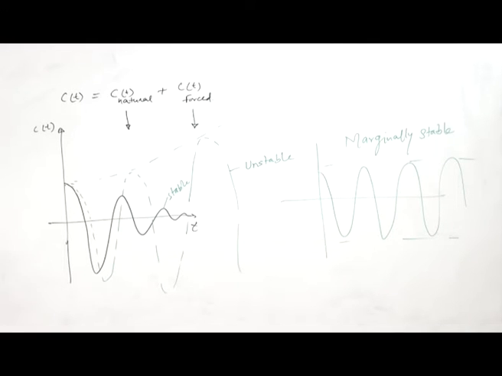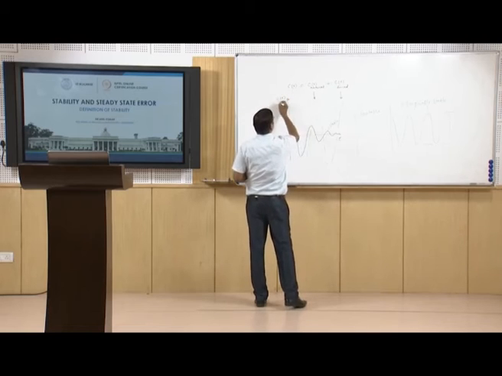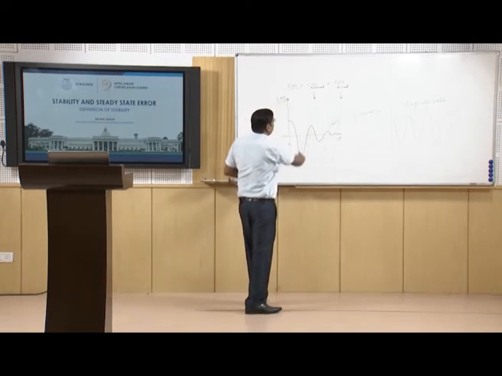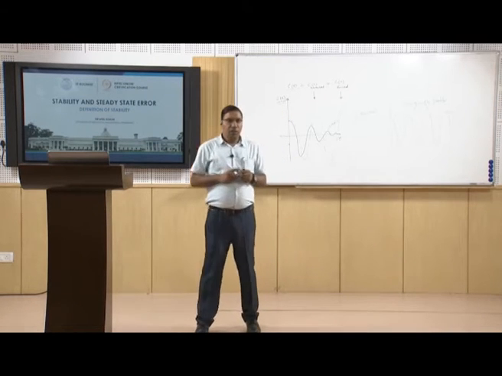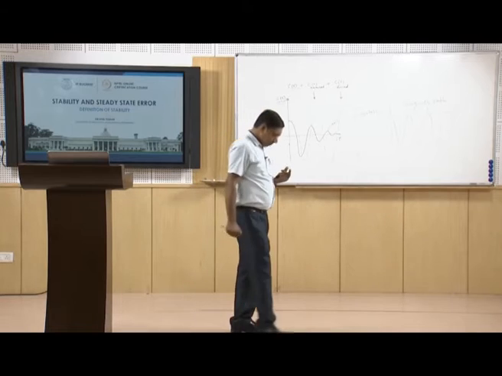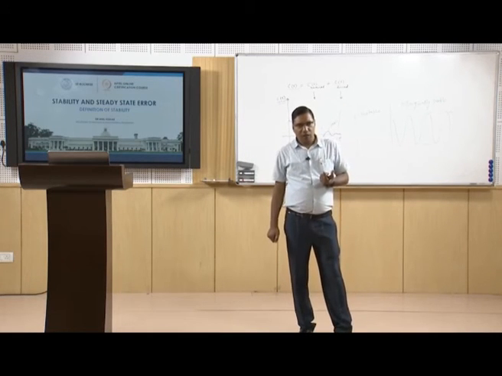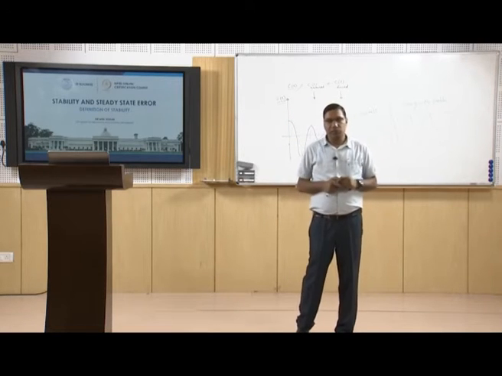Now based on the total response: this is the natural response, this is the total response. When we give some bounded input to the system and it gives some bounded output, then the system is stable.